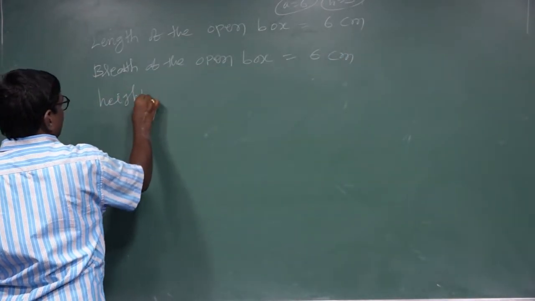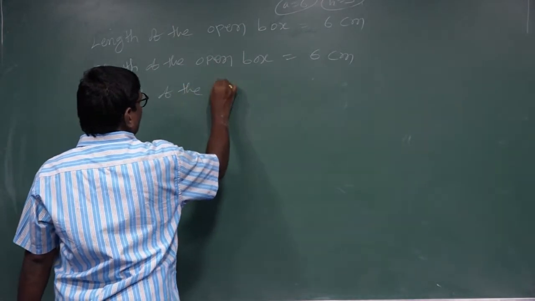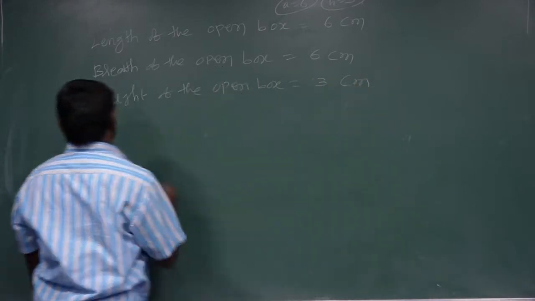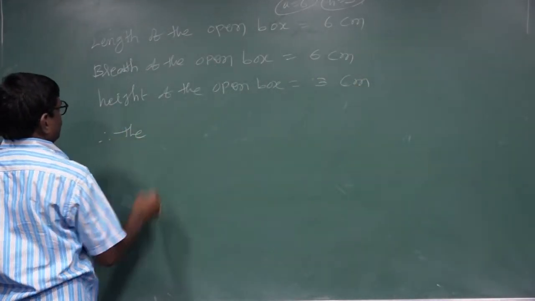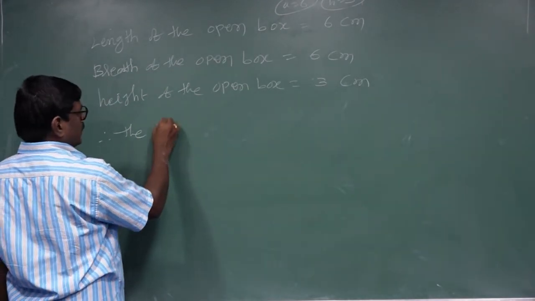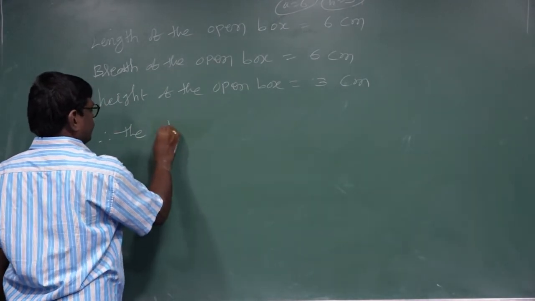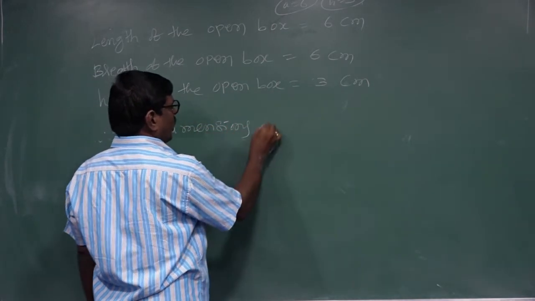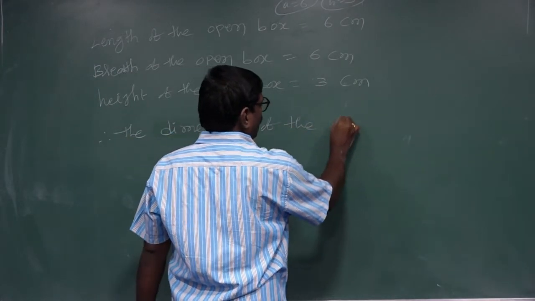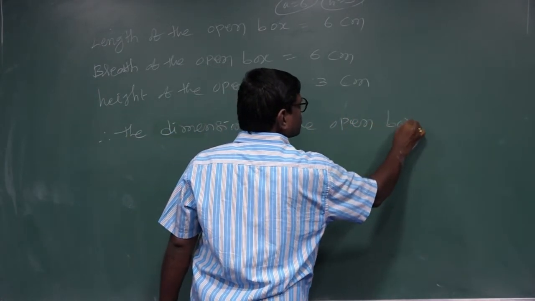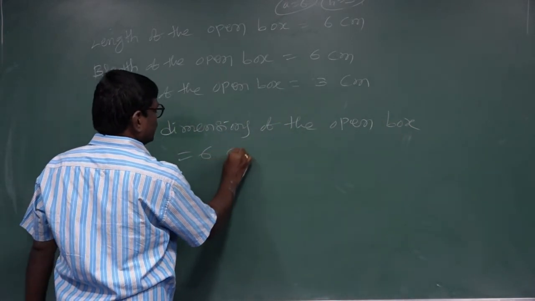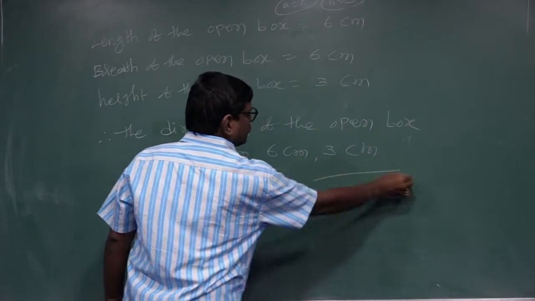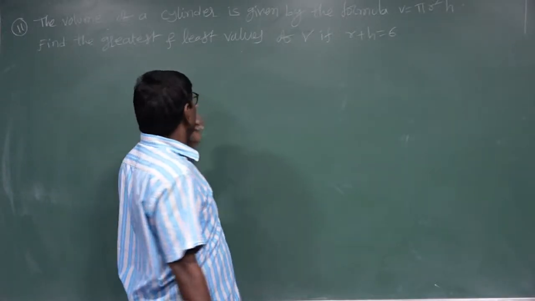Height of the open box equal to 3 centimeters. Therefore, the dimensions of the open box are 6 centimeters, 6 centimeters, 3 centimeters.